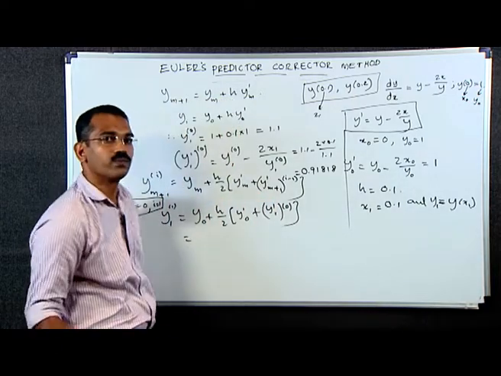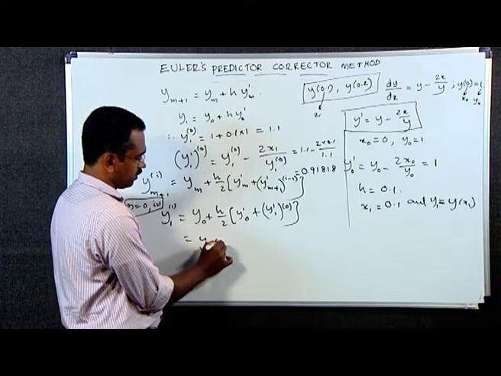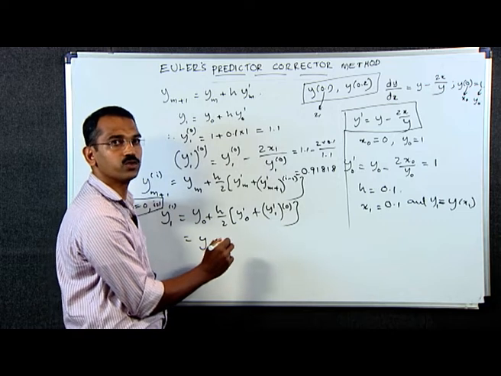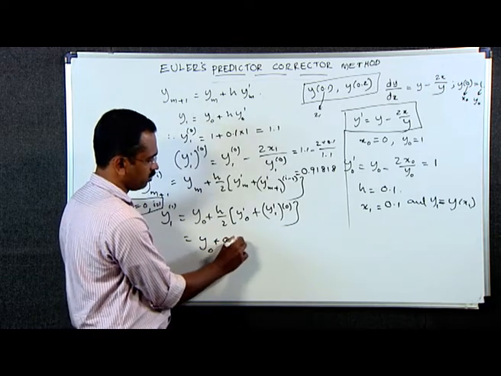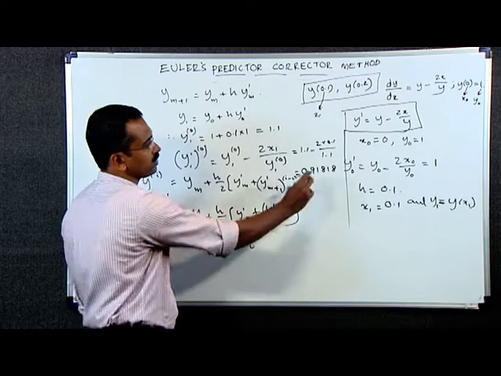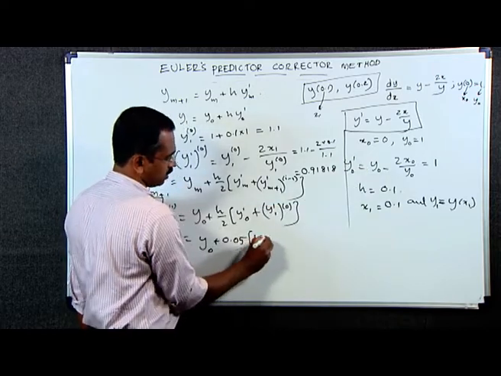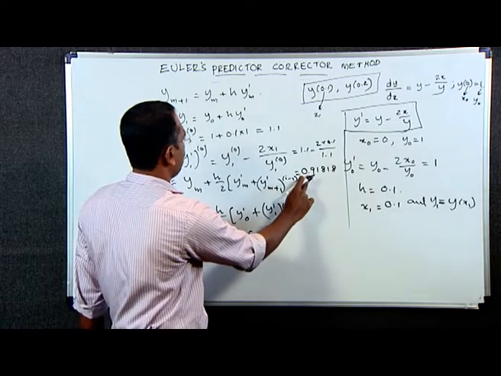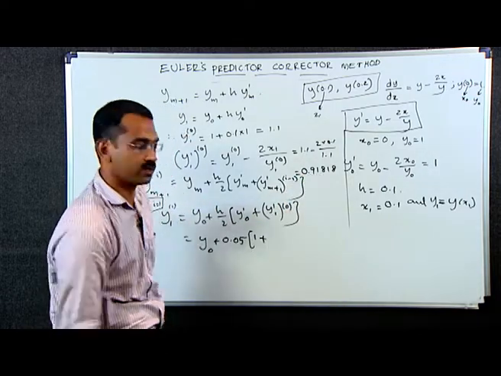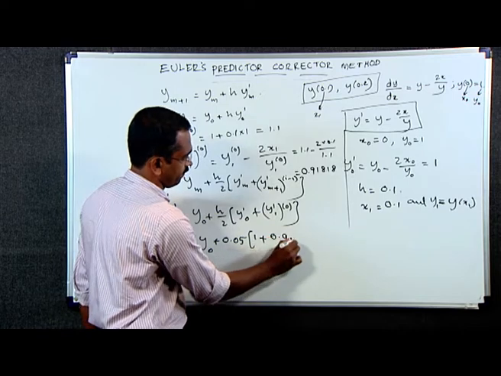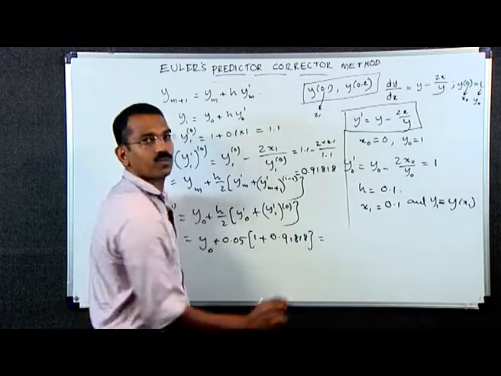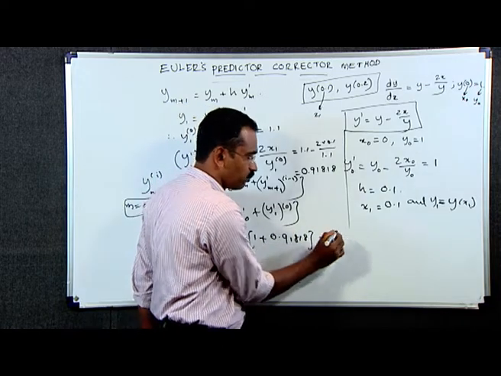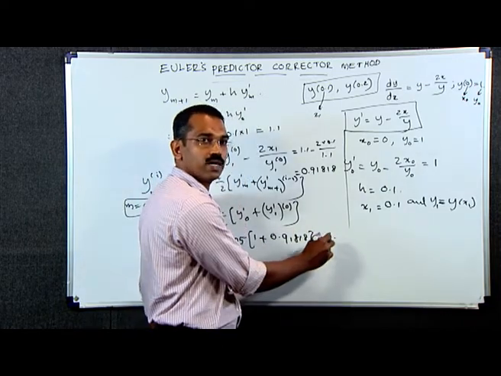This is equal to y0 plus h is 0.1 divided by 2, that means 0.05, into y0' is 1 plus y1'(0), that is 0.91818, which on simplification we will get as 1.09591.